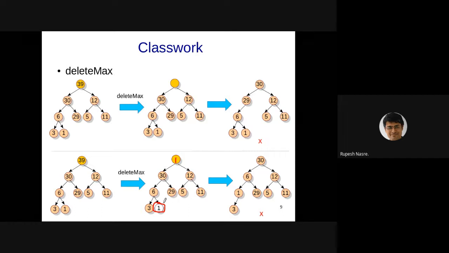Now, since you are talking about the last leaf, even if you remove it, it's not going to cause any structural violation. But now we have dissatisfied the heap order property. Now fix it. How to fix it? By percolating that downwards. So out of these 30 and 12, 30 should move up. So 1 comes here. Out of 6 and 29, 29 should come up. So 1 comes here.